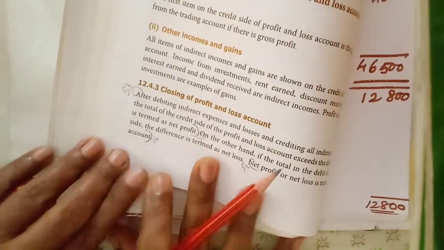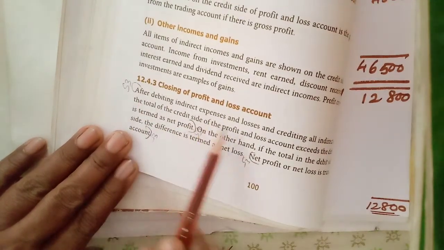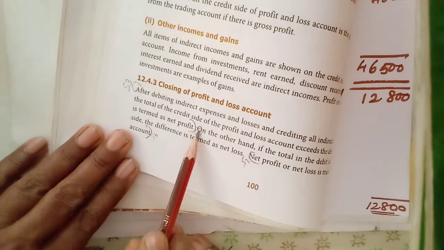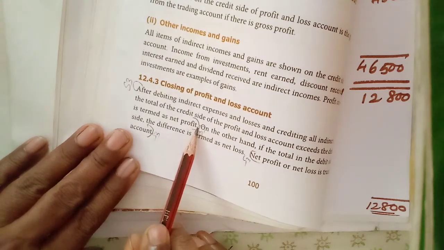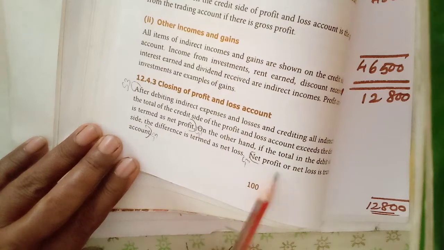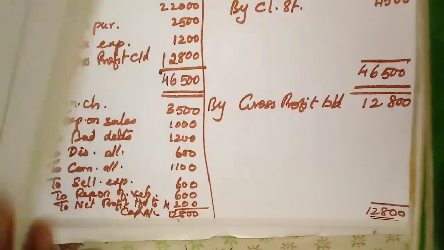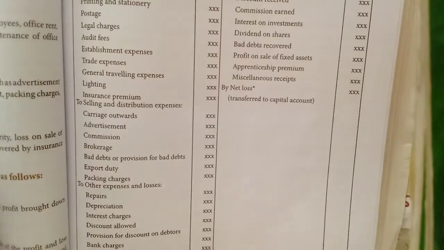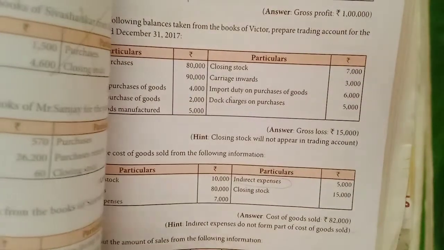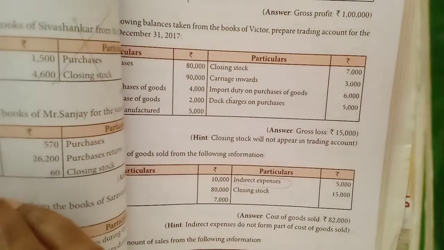Net profit, closing of profit and loss. After debiting indirect expense and loss, up to here, okay, termed as net profit. Then the last sentence, net profit or loss is transferred to capital account. Okay, that's all. No need to study by heart because we are doing the problems, you will know.